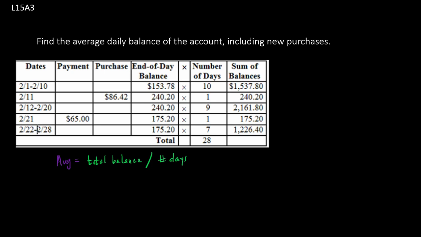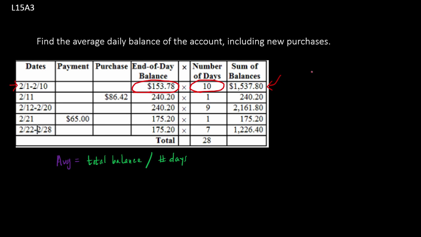So let's take this one row at a time. So if we look at the first row for February 1st through 10th, they tell us the end of day balance is 153.78 for 10 days. Notice that they've already done the multiplication for us.